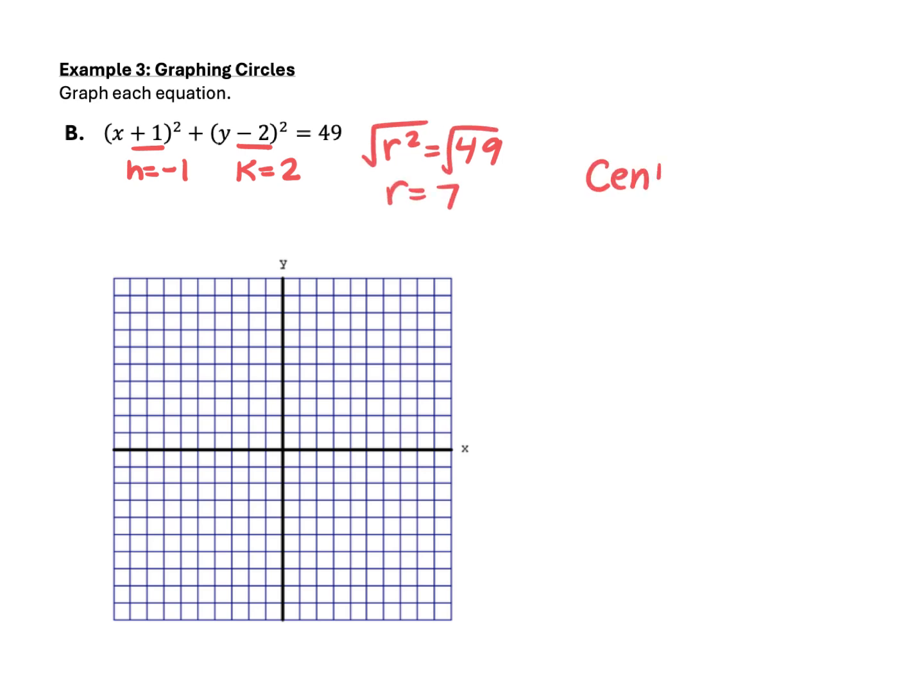Then we need to plot a circle with the center point (-1, 2). -1 on the x and 2 on the y is right there. And then the radius is 7. I'll go 7 in each direction. So 7 up, 1, 2, 3, 4, 5, 6, 7. 7 down.